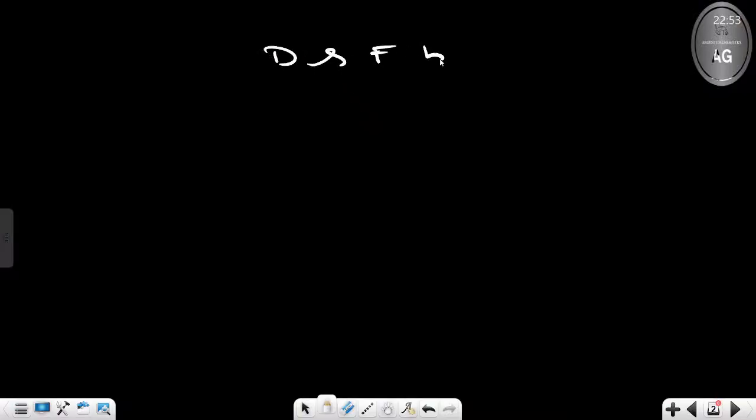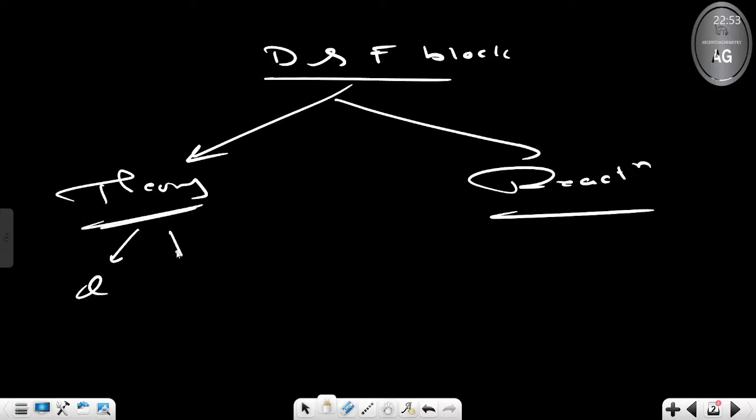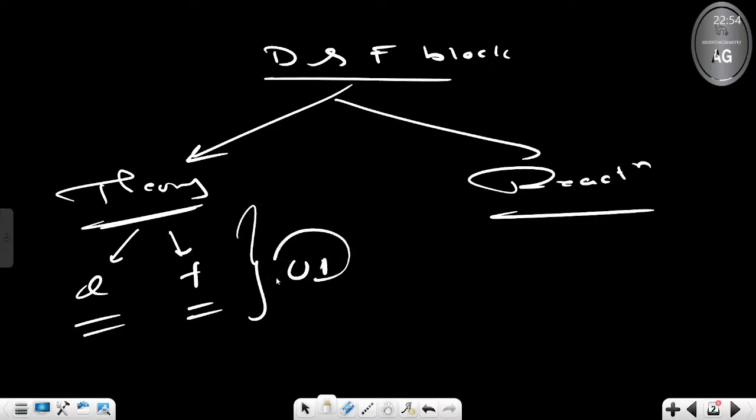D and F block is related to two parts: one part is the reaction part, which we will deal with in one separate lecture, and the theory part, which will have both D and F block. The theory is lecture number 1, which is today, and the reaction part will be in lecture number 2, the next lecture.